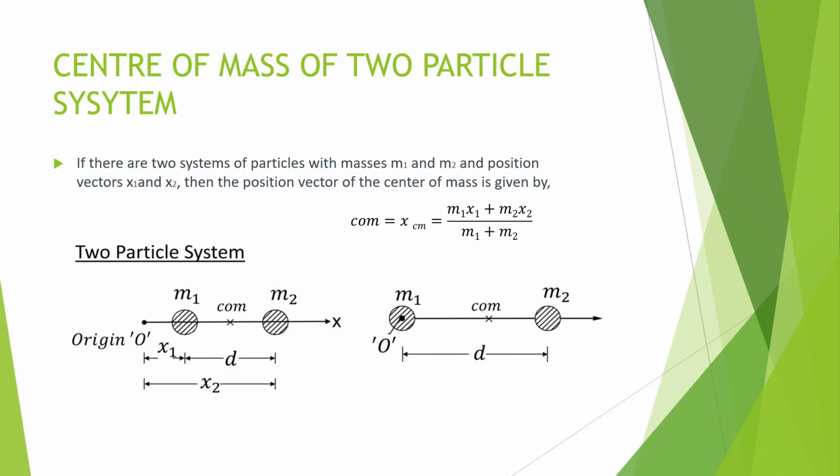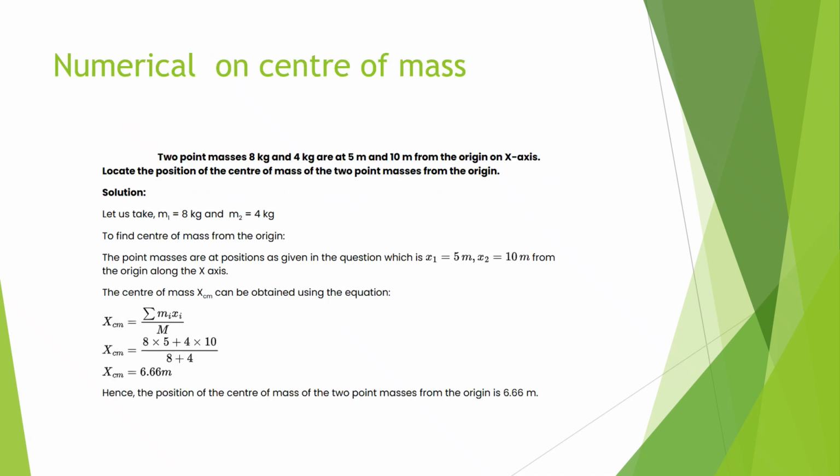The x coordinate of the center of mass is given by the expression m1 x1 plus m2 x2 divided by m1 plus m2. If the bodies were along the y-axis, then y_cm equals m1 y1 plus m2 y2 divided by m1 plus m2. So this is the formula to find the center of mass of two particles.